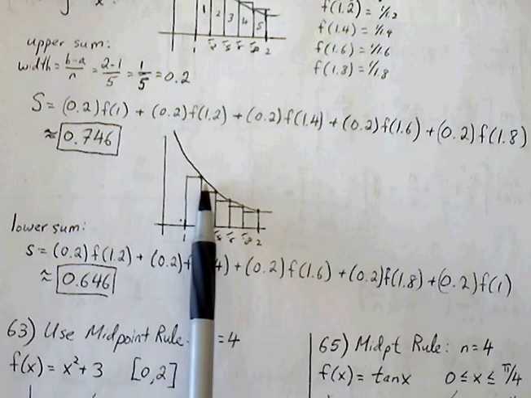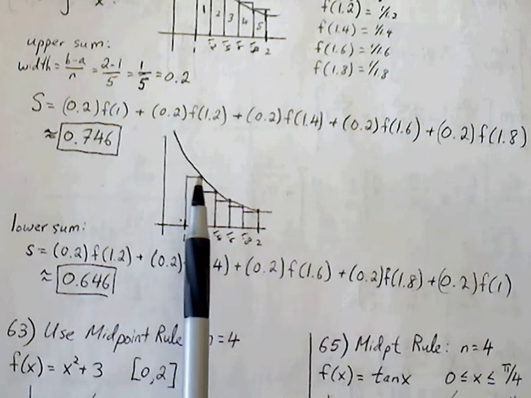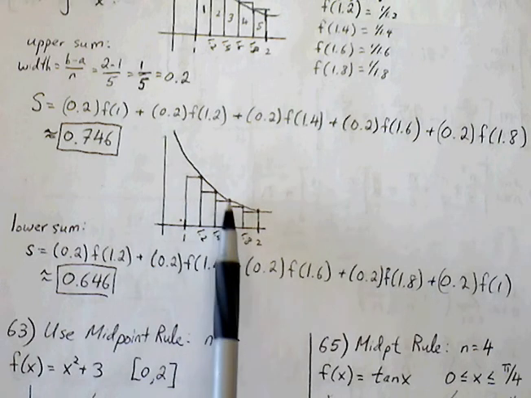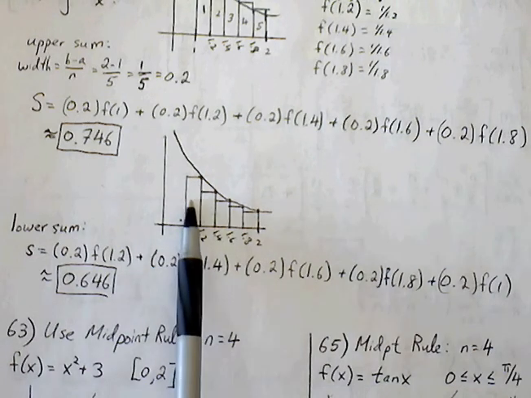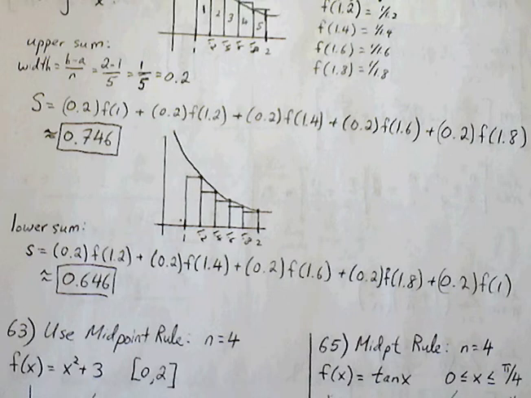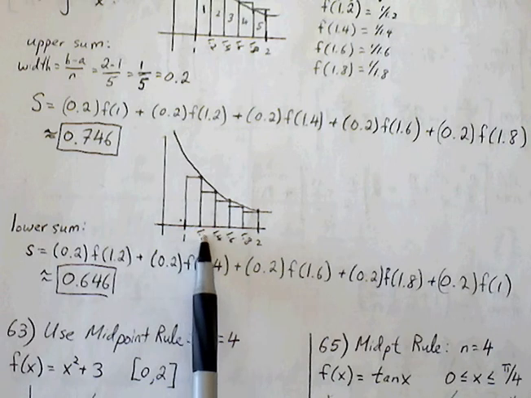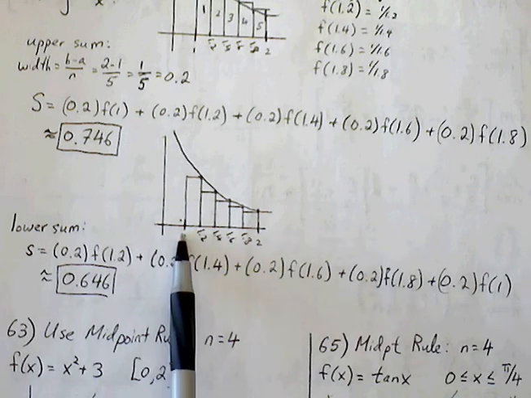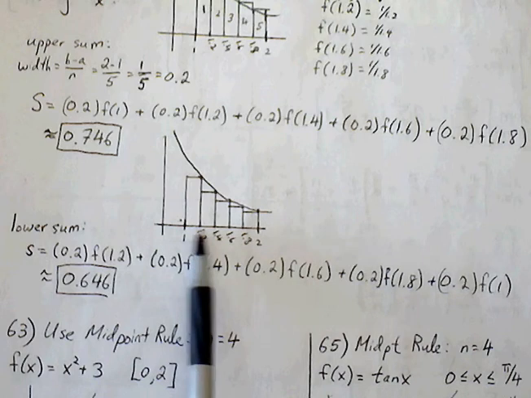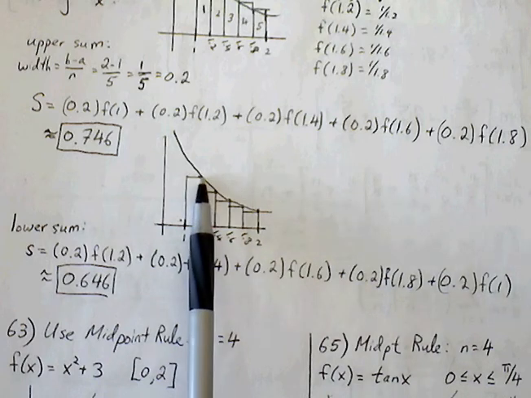So we want to be choosing the upper right corner of each rectangle to cause these to be inscribed rectangles. So for my first rectangle, instead of using f of 1, now I want to use f of 1.2, because f of 1.2 will extend to this point, and we want this point to be indicative of our height for my first rectangle.